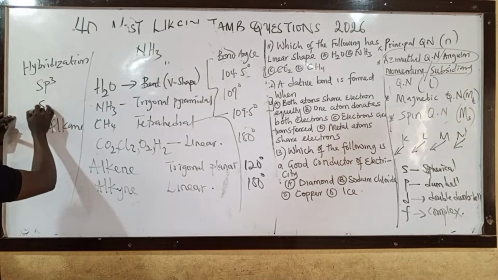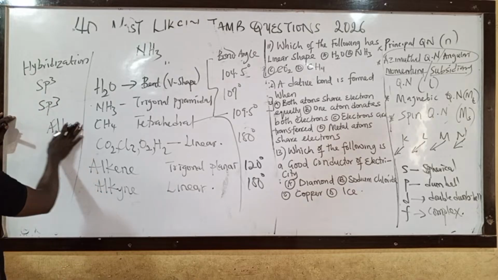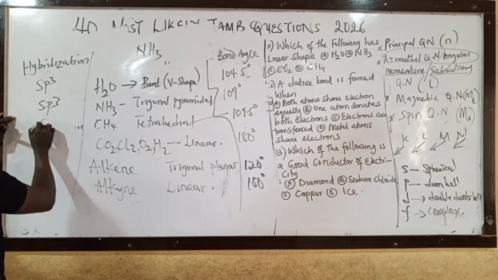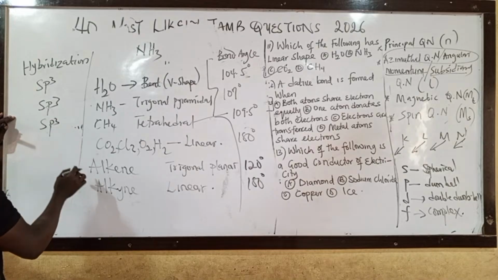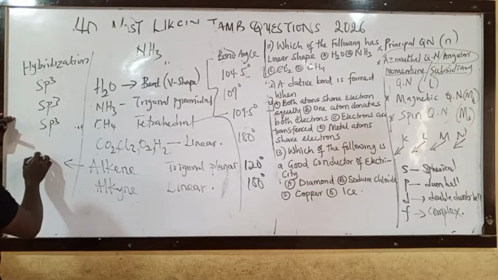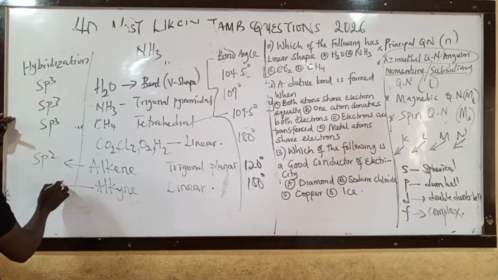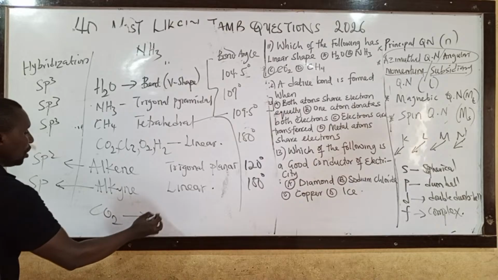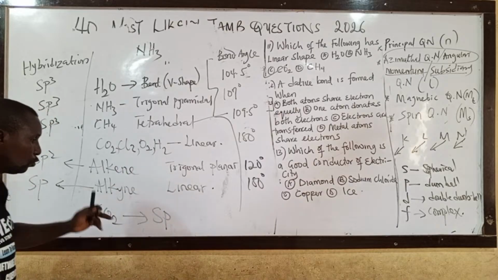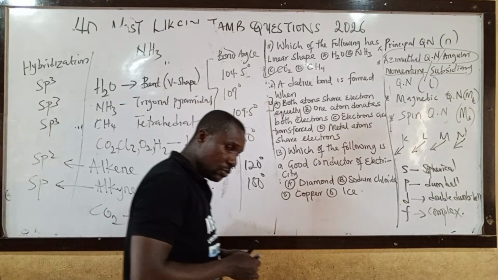Hybridization of this one too, sp3. Hybridization of alkane, sp3. Hybridization of alkene, sp2. Alkyne, sp. CO2 hybridization is sp also. Take note of that.